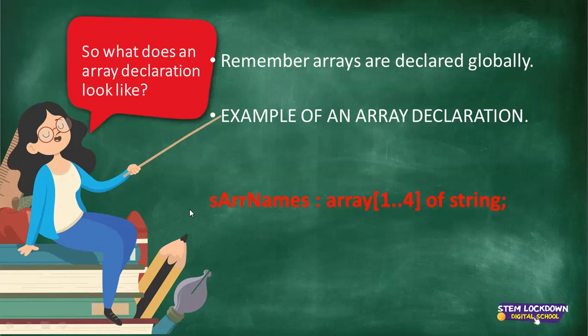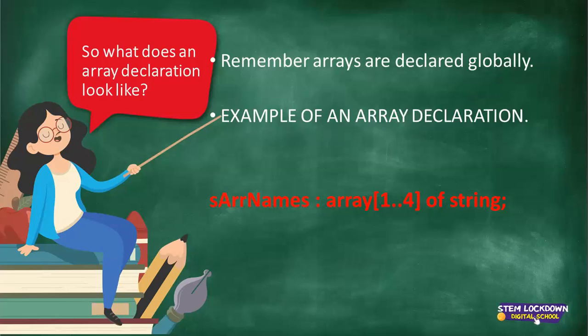Why would you declare globally? Because of the purpose of global and local variables. Just to recap or jog your memory from grade 10, the purpose of local variables was just so that the button could use that information. If you wanted the entire program or the entire form to use the information, you would declare the variable globally so that all the buttons can have access to it.